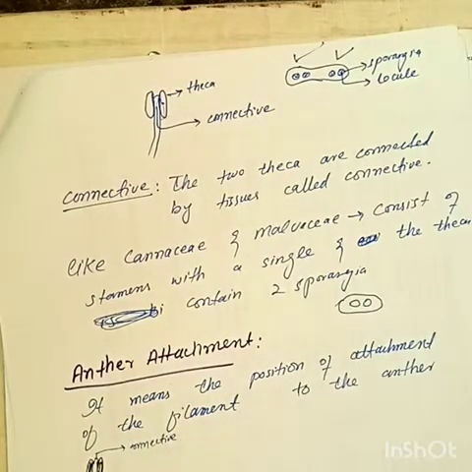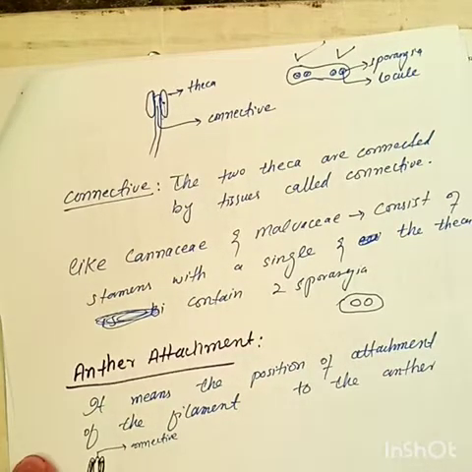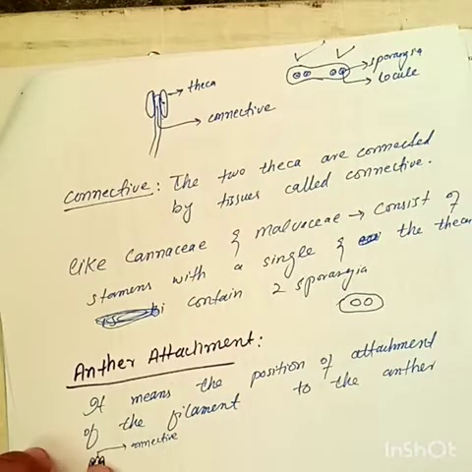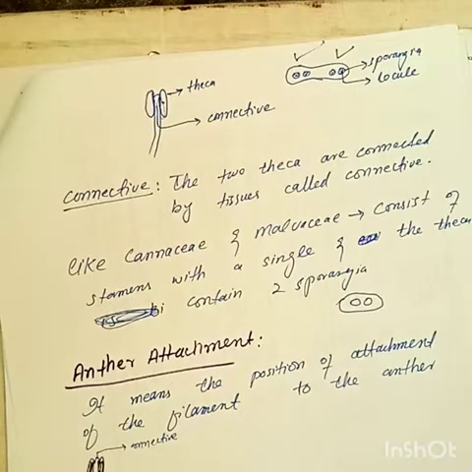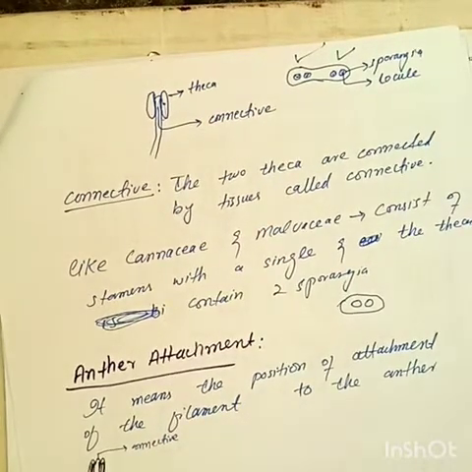In this case, the filament is attached to the whole anther. This extends from the base of the anther towards the top. Such anther attachment is known as basi-fixed.